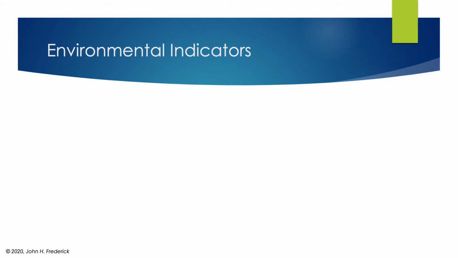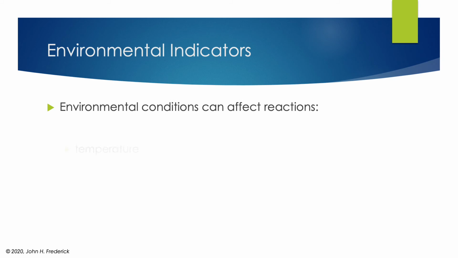Now, we also would like to indicate some of the environmental factors that are around that, because sometimes these are important to determine whether or not a reaction actually happens. These environmental conditions might include things like the temperature, which we always list in Kelvin in this course, although sometimes we stray and we use centigrade, but Kelvin and centigrade are both reasonable to use in a scientific context. We might talk about the addition of heat.